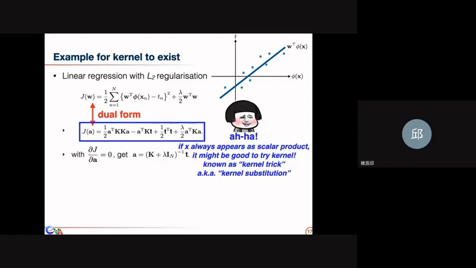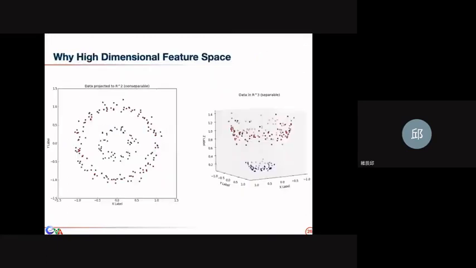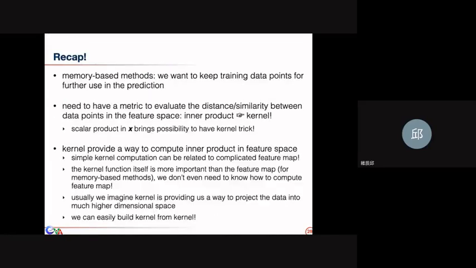If your data point always appears as a scalar product, then it will be good for you to try a kernel. This is the kernel trick. Kernel provides you a way to compute the inner product in the feature space. A simple kernel computation can be related to a complicated feature map.